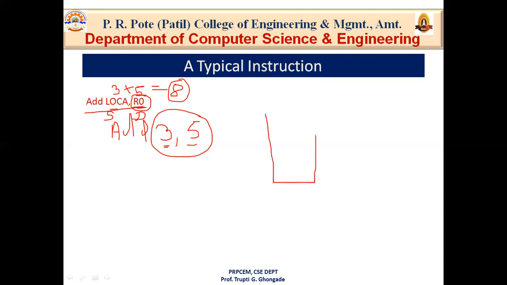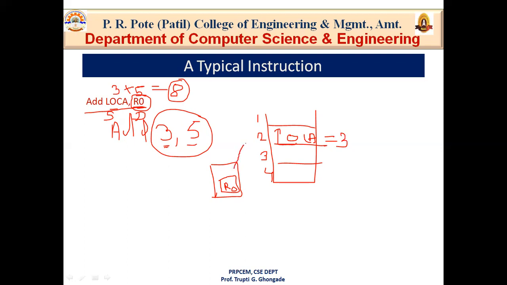Why several steps? Let's consider this is your memory. Now this is your processor. Here is your location A. This is memory location 1, 2, 3, 4. And somewhere in the processor there is the R0 register. So location A contains what data? 3.